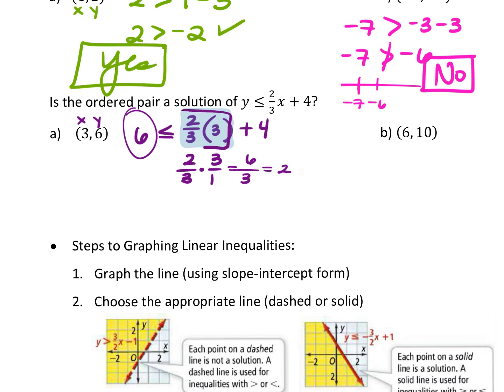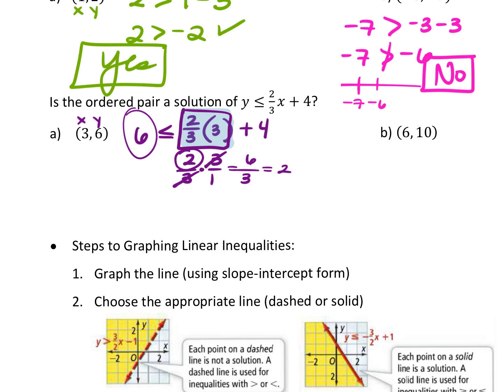So this whole thing is equal to 2, right? The other way you could do it is you could cross reduce. 3 over 3 is 1, so all you're left with is that 2. Okay, either one of those is fine. Or plug it into your calculator. I don't care if you plug it into your calculator, but I do think it's important to know how to multiply a fraction by a whole number, okay?